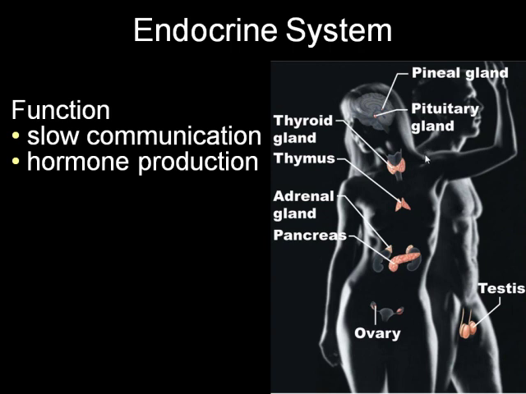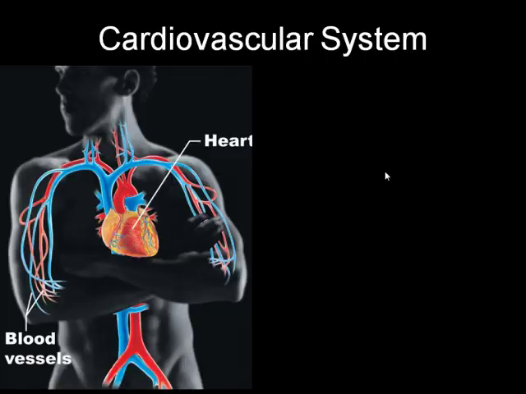These glands produce hormones that act as chemical messengers to various cells in your body, telling these cells when it's time to grow or divide or secrete something. But it may take hours, days, before your communication system sets up all of the networks it needs to for those cells to respond. So it's a slower acting communication system than your nervous system.